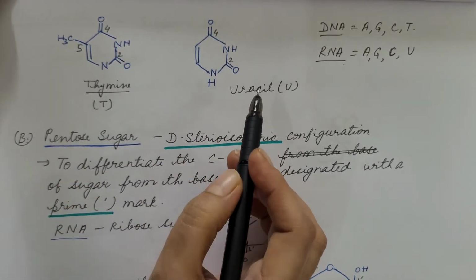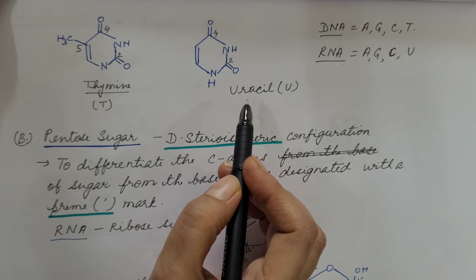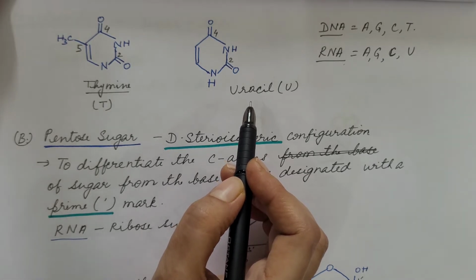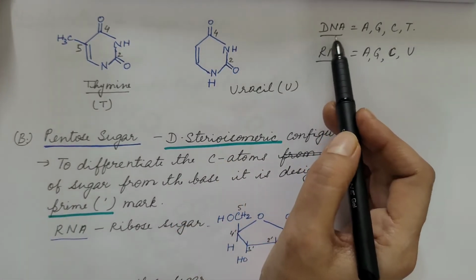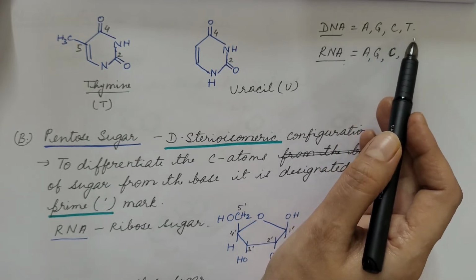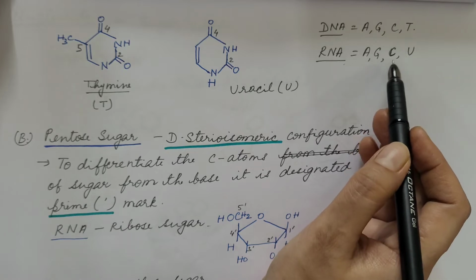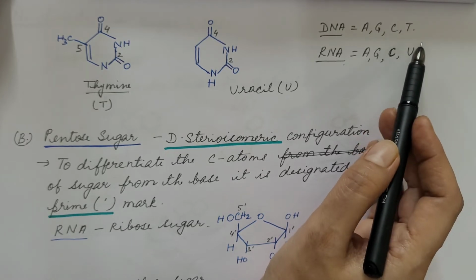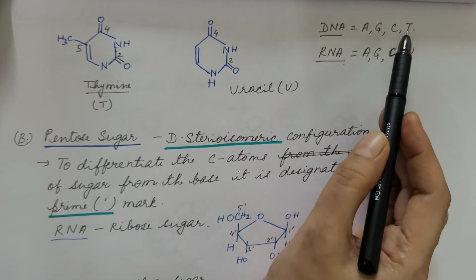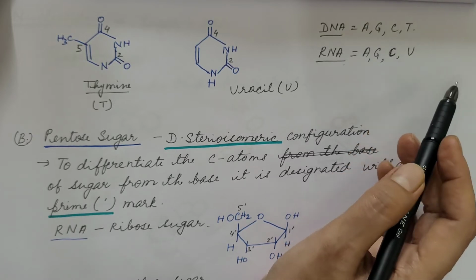This is the structure of uracil and its chemical name is 2,4-dioxypyrimidine. In DNA, adenine, guanine, cytosine and thymine are present, and in RNA, adenine, guanine, cytosine and uracil are present. So, what we see is that in RNA, instead of thymine, uracil is present.